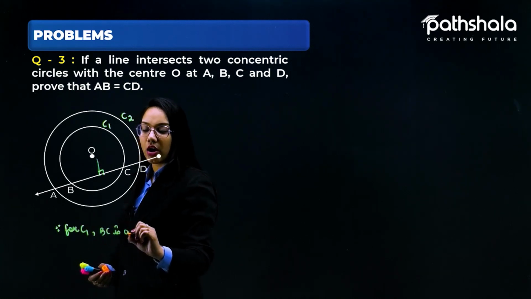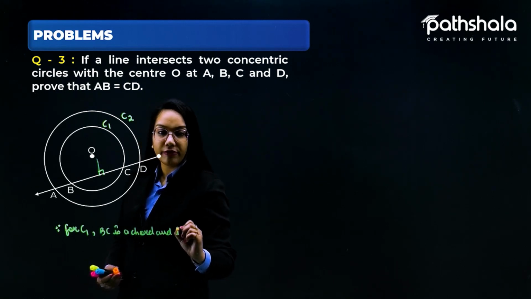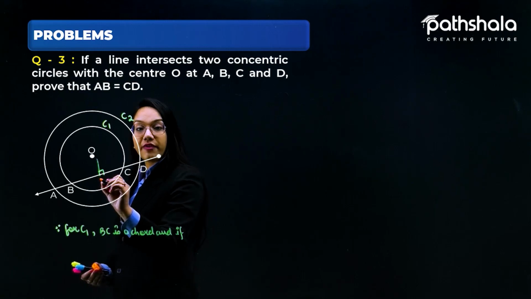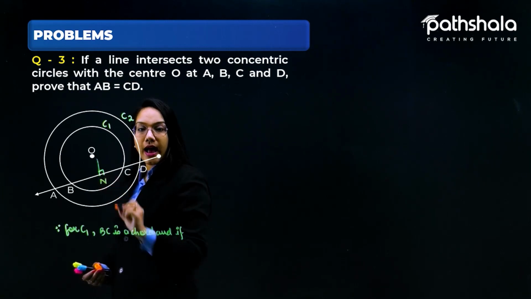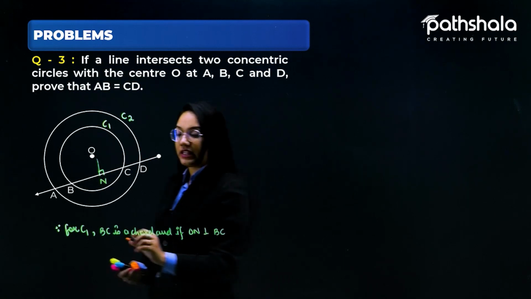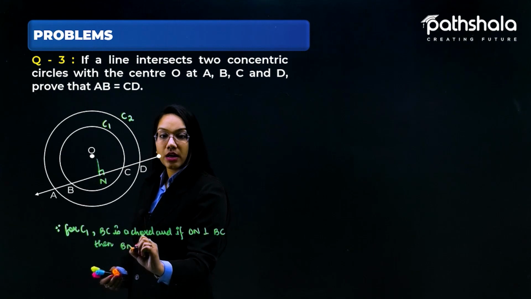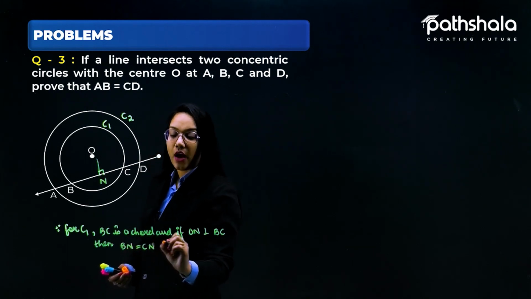BC is a chord, and let us suppose I'm calling the foot of the perpendicular N. If ON is perpendicular to BC, then BN is equal to CN. Why so?